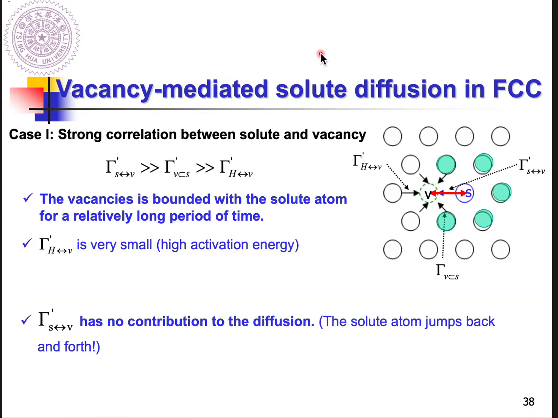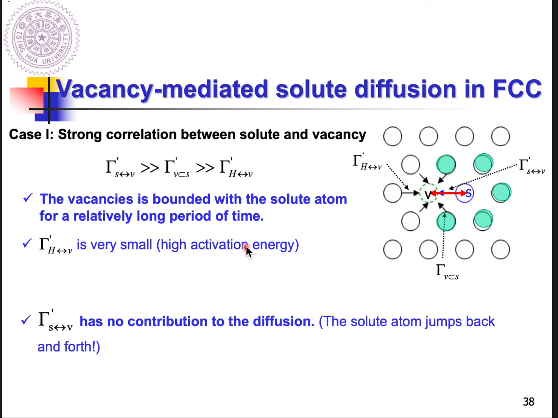So let's move to the first one. Based on the atomic jump rate, the first case is that the solute atom jumping into the vacancy has the highest jump rate. Next is the host atom neighboring the solute atom jumping into the vacancy, and the slowest one is the host atom jumping into the vacancy.